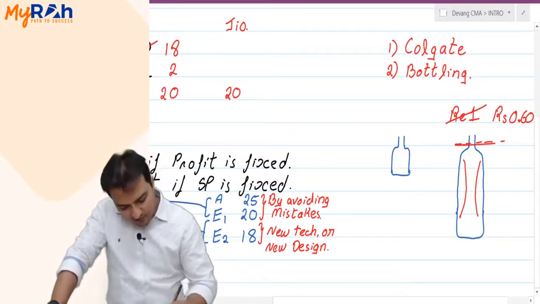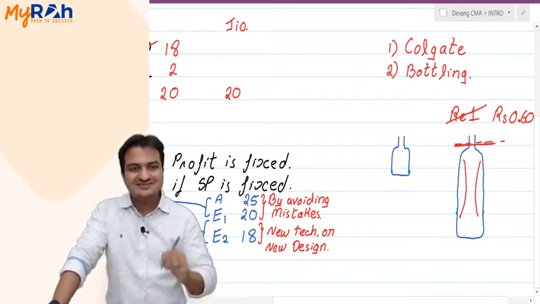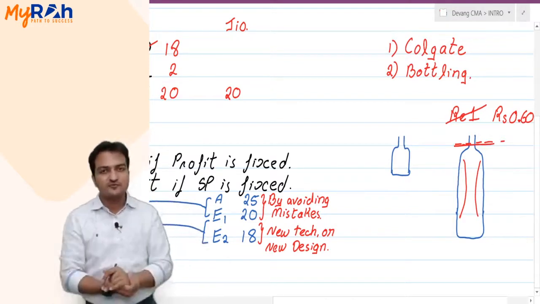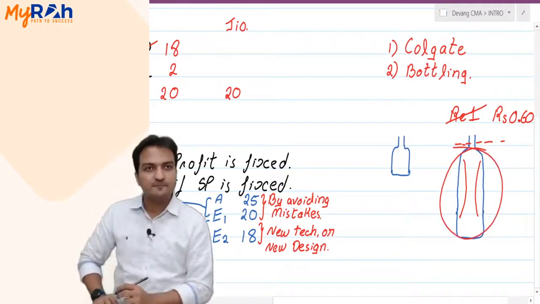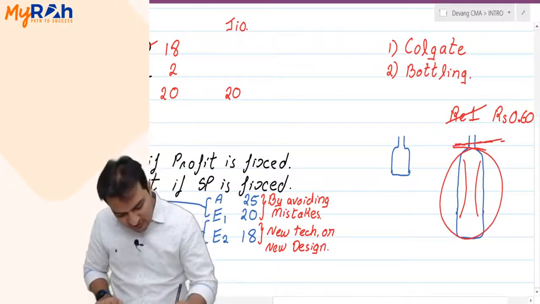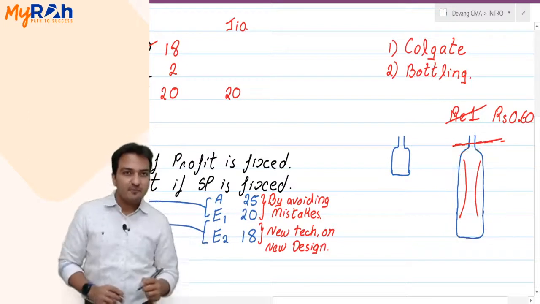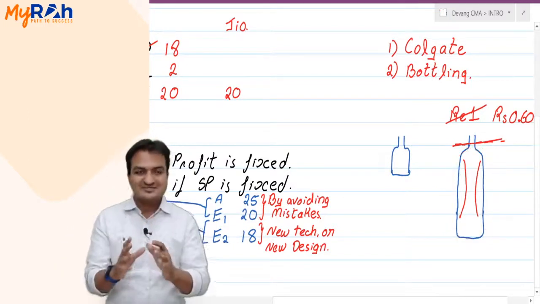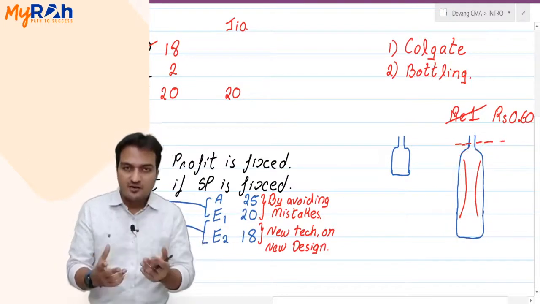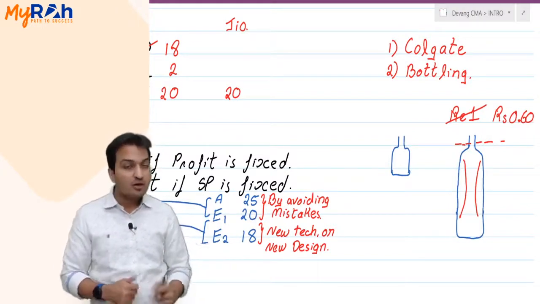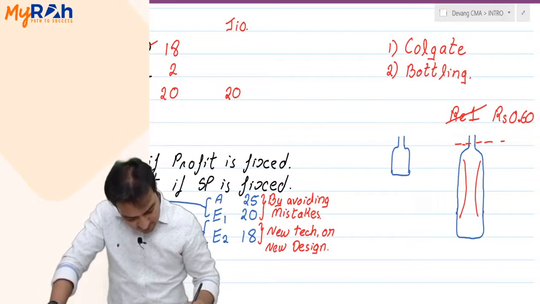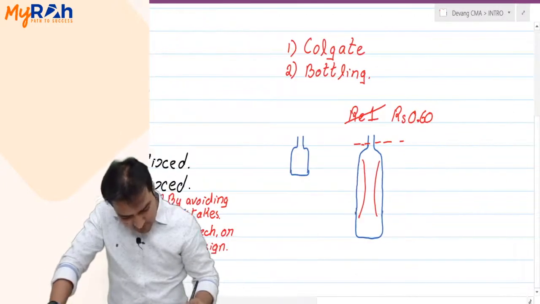Tell me, if we cut the neck of the bottle, does that change the storage capacity of the bottle? No, the storage capacity will still be a full 1 liter. But by cutting the neck part, it cut down the part where maximum material consumption was. Look, that neck part was thick plastic.